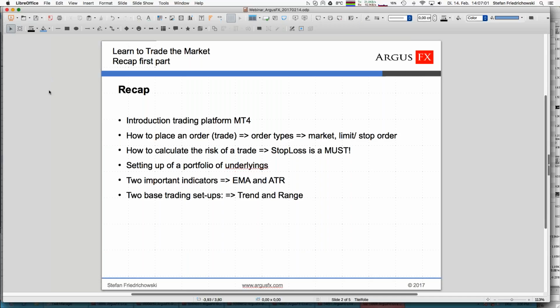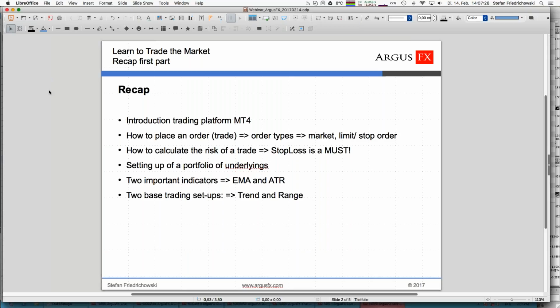And by the way, only if we have a stop loss can we really calculate the lot size, so how much we want to trade of a certain underlying. Only in combination with the stop loss can you do that calculation. Therefore, it's extremely important for any trading activities.